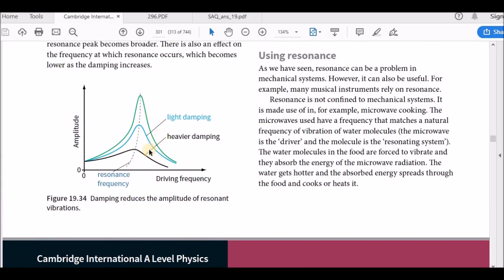So what happens is, the more you damp it, the lesser will be the amplitude of oscillation, for example during an earthquake. Now during an earthquake, the earthquake is causing the building to vibrate.